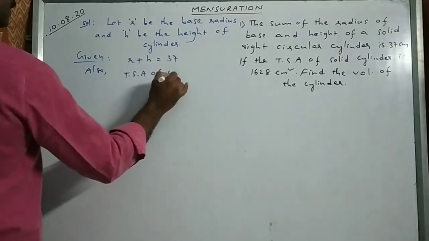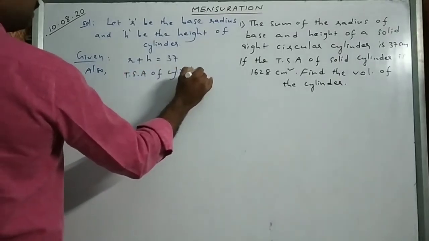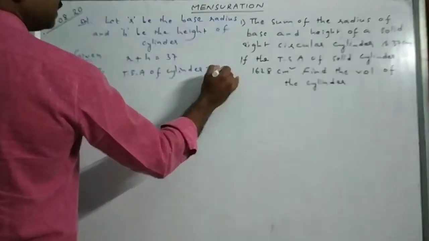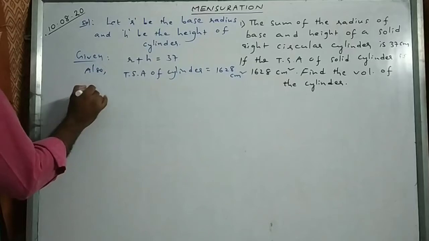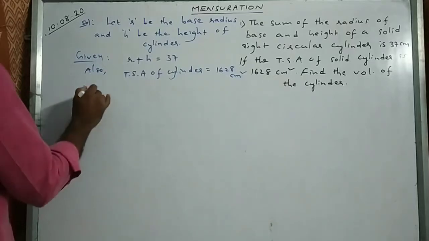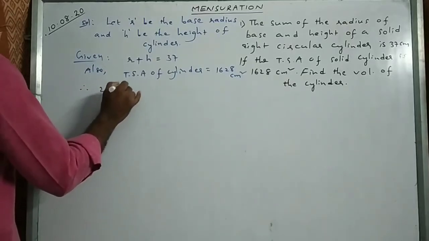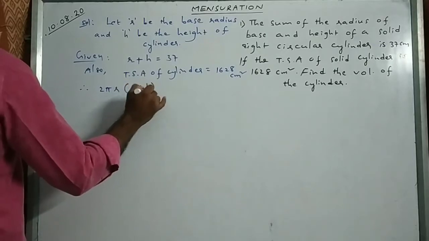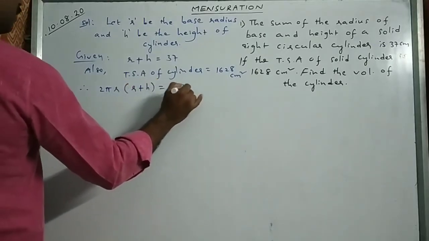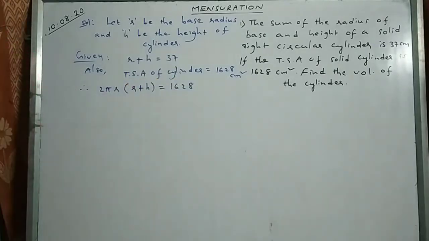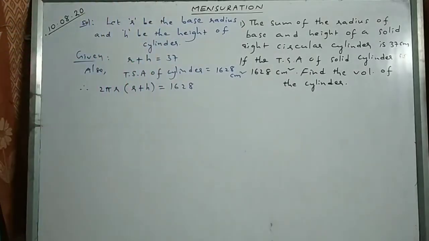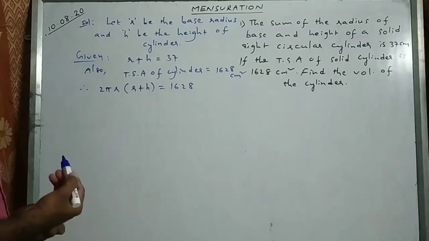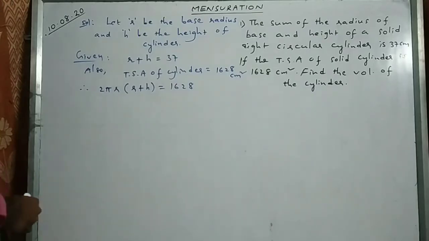Also TSA of cylinder is given, 1628 square cm. But as per formula, what is TSA of cylinder? 2 pi r into r plus h equal to 1628. I told you already, TSA of solid cylinder means 2 pi r h lateral surface area plus 2 into base area.